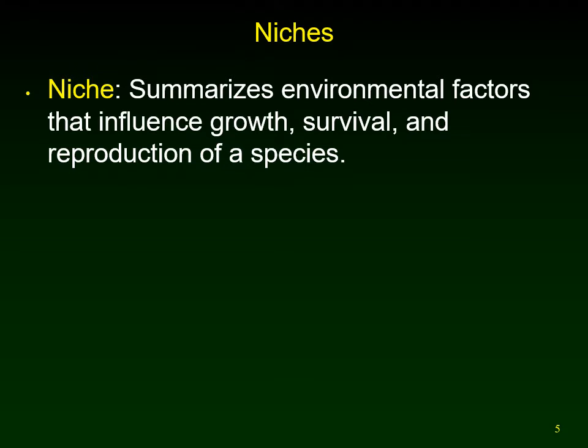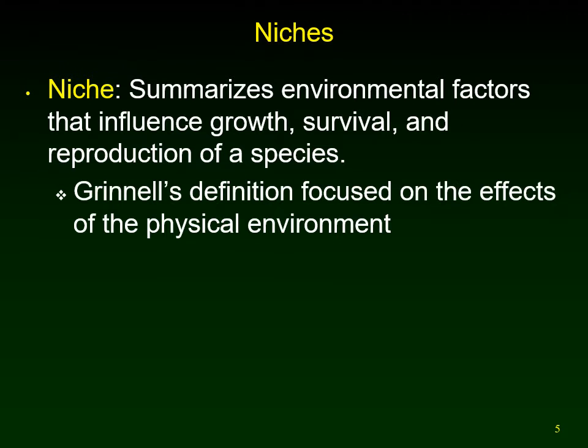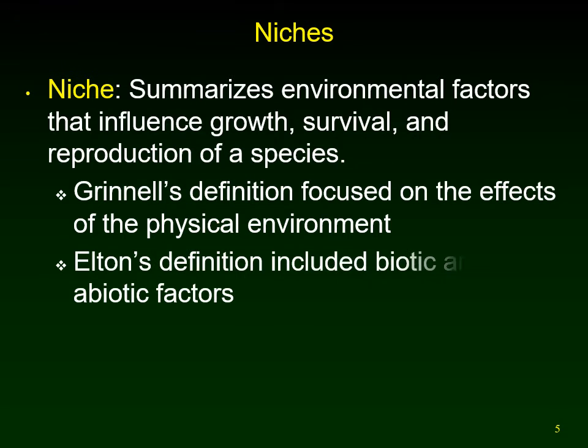So these are the ranges in those environmental factors that the species can actually live in, survive in. And when it was originally defined by Joseph Grinnell early in the 20th century, it was really focused on the effects of the environmental factors, temperature, moisture, precipitation, light. It was the idea of a physical niche.